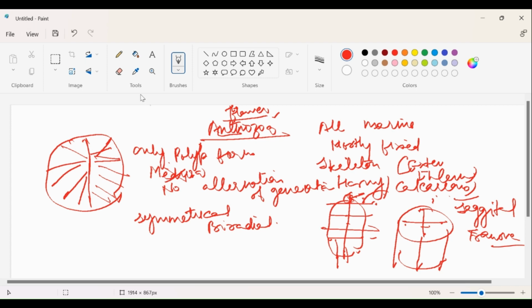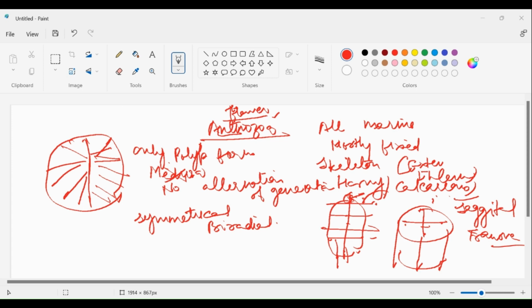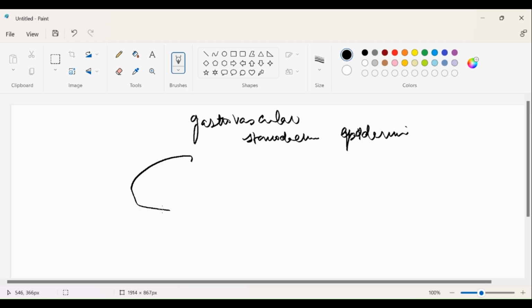Then another feature is that it has a gastrovascular cavity. It has the stomodeum lined with epidermis, and the cavity is divided into mesenteries.